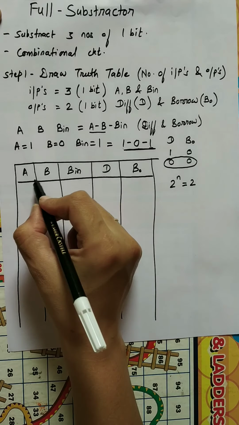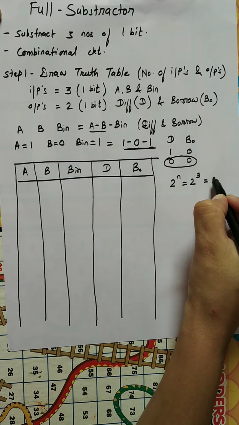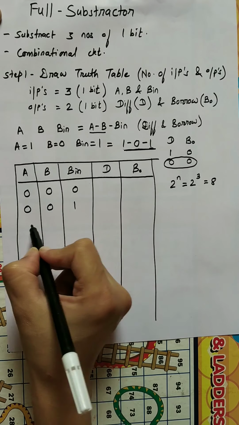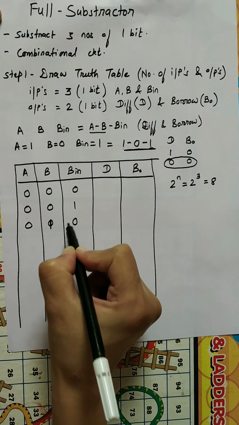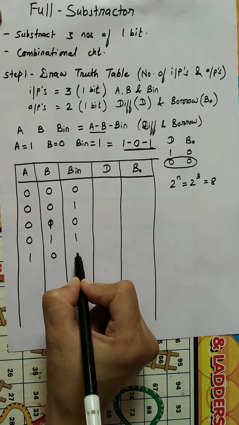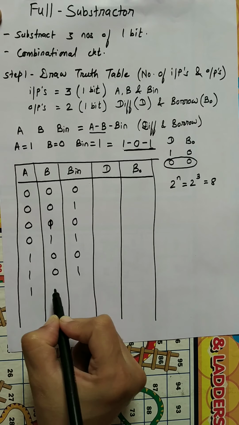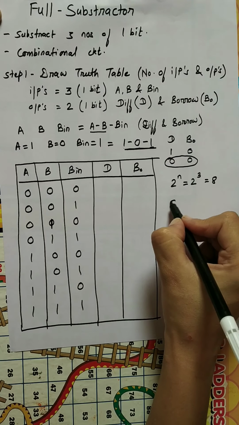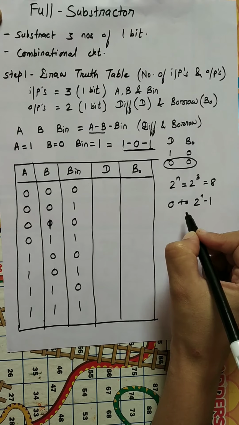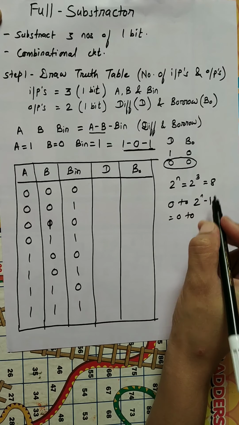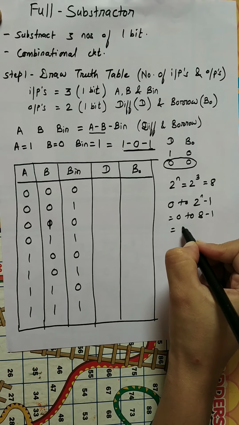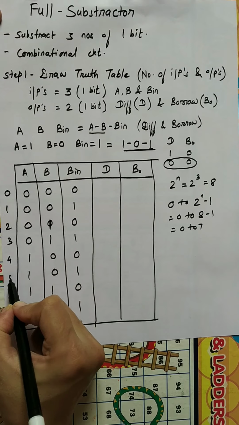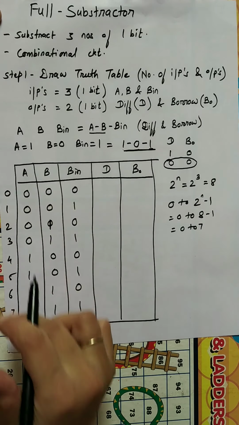So 2 to the power 3 means 8 combinations. The range will be 0 to 2 to the power n minus 1, that is 0 to 7: 0, 1, 2, 3, 4, 5, 6, 7.